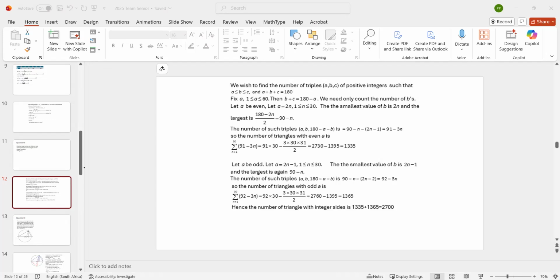And then if you want to know the total number of triangles, you add the triangles which have even A as well as the odd A. So the answer is actually 2,700. Okay. So that takes care of that.